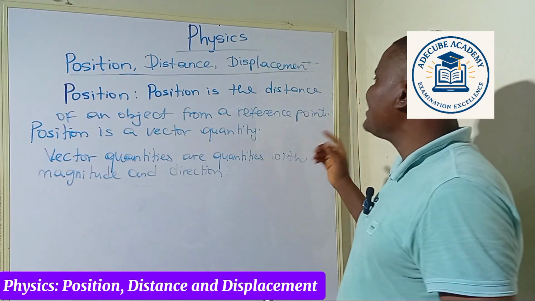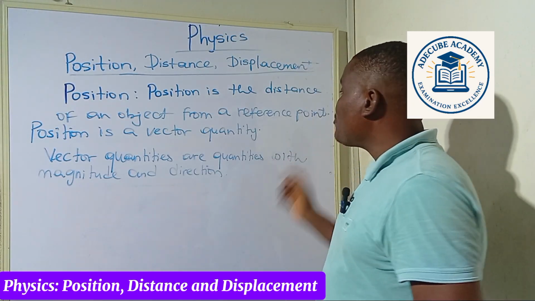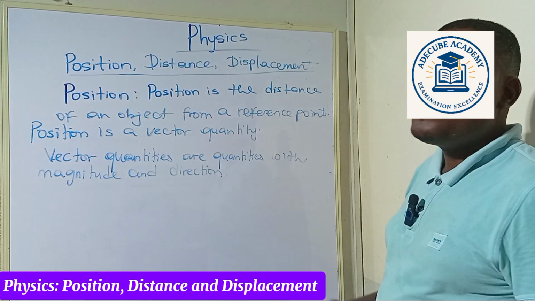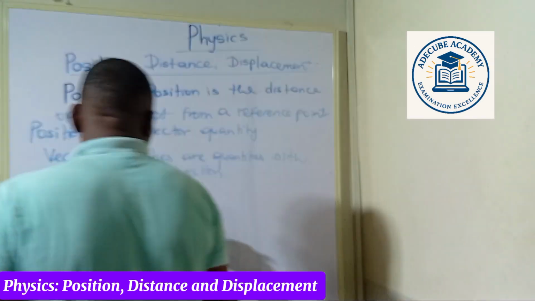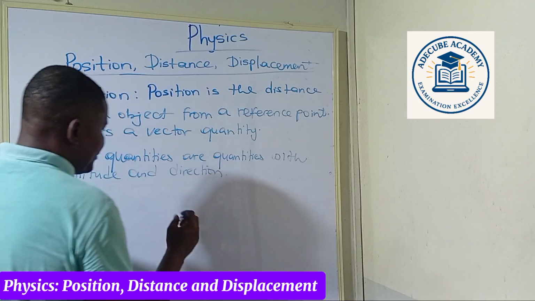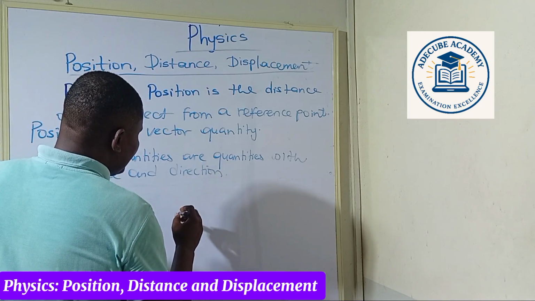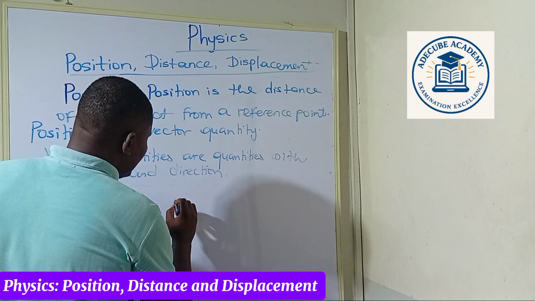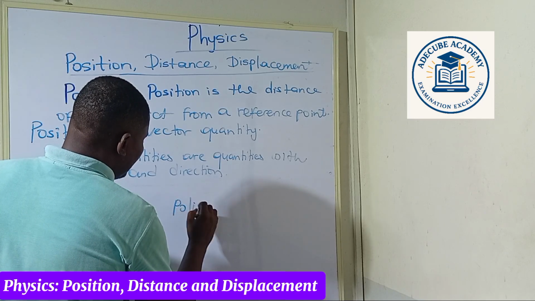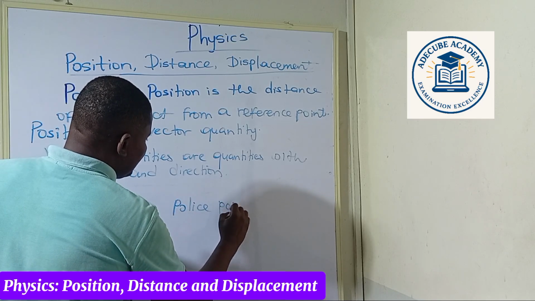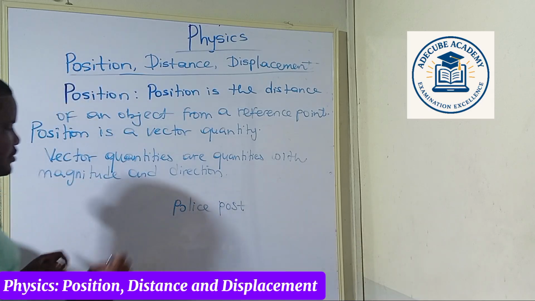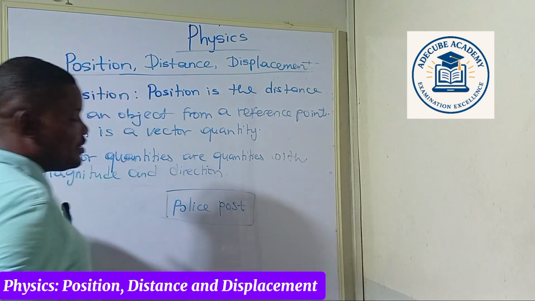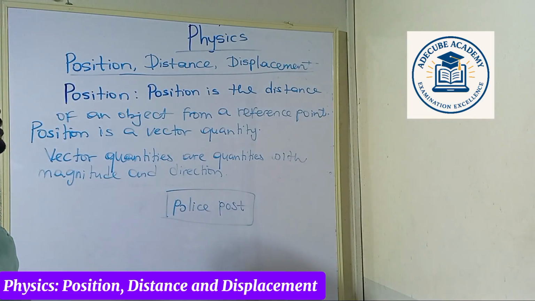So position is the distance of an object from a reference point. Now, let's say this is our reference point, a police post. I don't know why I'm using a police post.